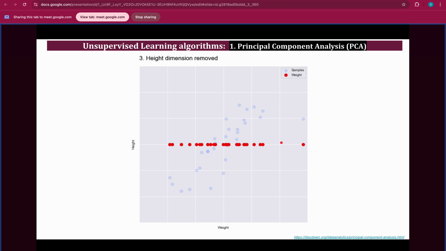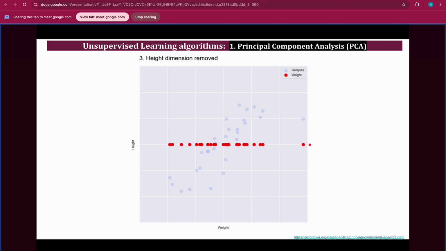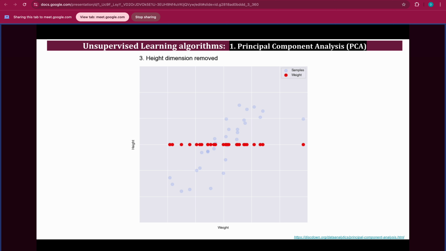The distance is minimum, so I will keep these points on this central line so that only the single dimension is captured. In this case, it will be my weight, not height, sorry, it will be my weight. So they are varying across the weight. In this way I was having both weight and height axes, and after calculating that straight line I have brought it into a single axis which is my weight axis.